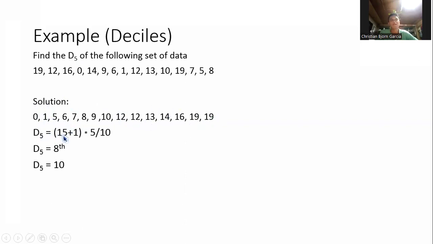So d sub 5 is equal to 15 plus 1 multiplied by 5 over 10, which is equal to 8. So we know that the value of d sub 5 is in the eighth position. So we count 1, 2, 3, 4, 5, 6, 7, 8. So the value of d sub 5 is equal to 10.